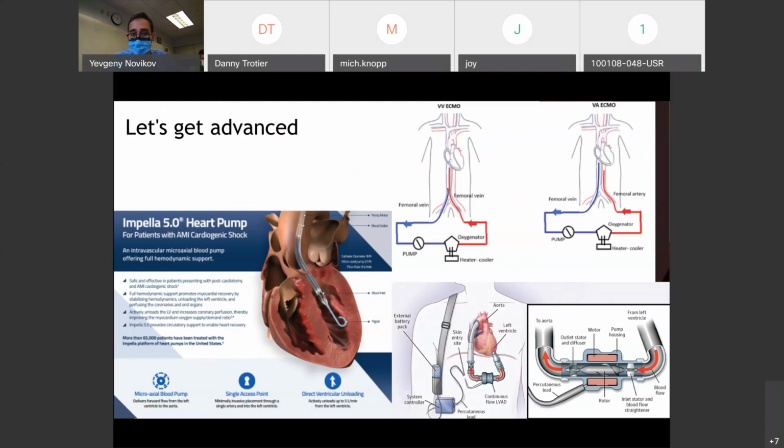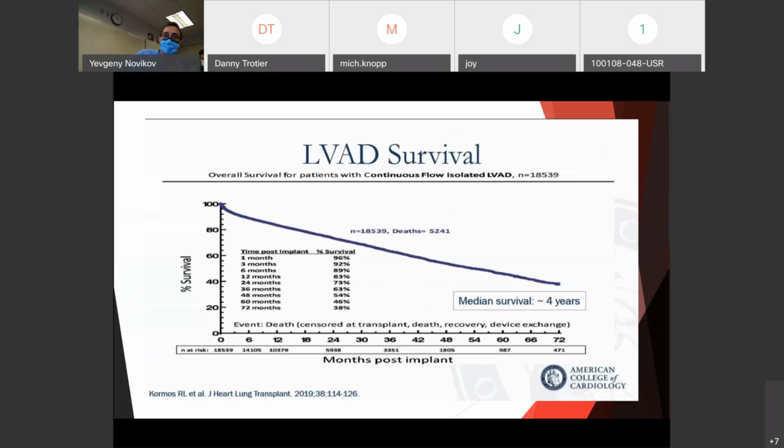LVAD survival. Why do we use LVADs? We use LVADs either as a bridge to transplant. Again, like the patients I mentioned, where they need a device now and they're probably not going to survive if we just keep them for a long time before they get a transplant.